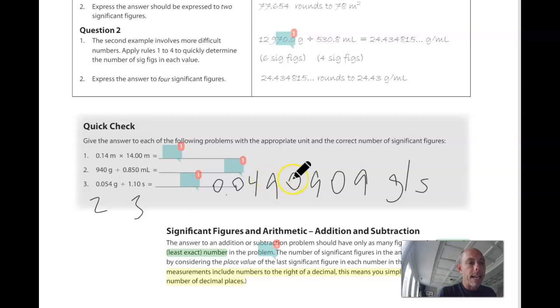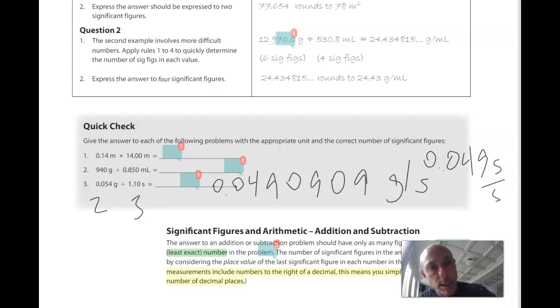Since to the right of the 9 it's not a 5 or higher, I don't need to round the 9 up. And since these numbers are all after the decimal, I can just get rid of them. So it's going to be 0.049 grams per second. That looks like seconds over seconds, but it's not. Grams per second. All right, there we go.